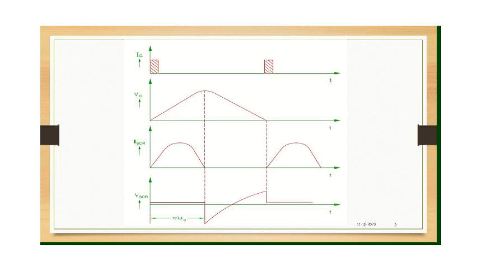So these waveforms show us the working of the class A type of commutating circuit, where you use L and C to turn off your SCR or thyristor. This turn-off time period depends on the values of L and C used in the circuit. So, moving on.